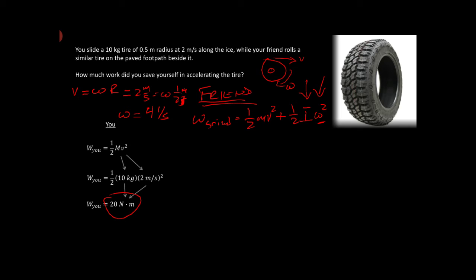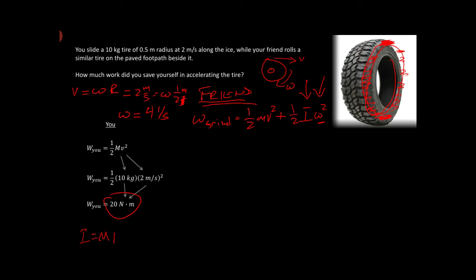So we've got that part. We need to find I. I for a cylinder with all of its mass right at the edge, which is what we're going to pretend. For the 206 class, the calculus-based class, I actually give them a problem where they get to work out the exact moment of inertia of a tire, and they hate me for it.